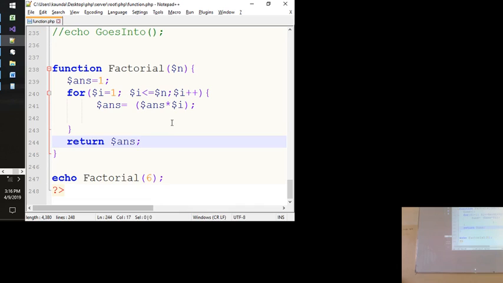Okay, good job. Really fast. Let's see the tree.